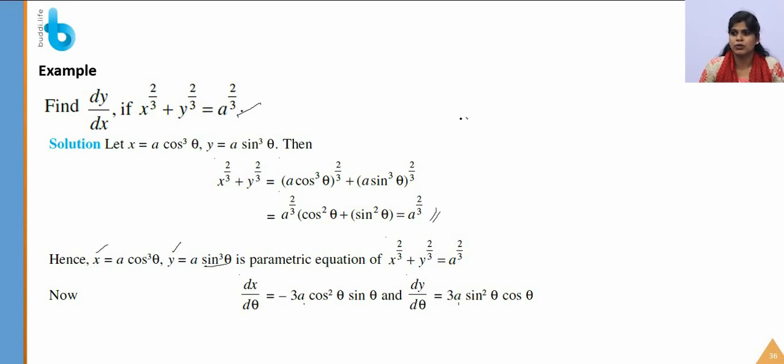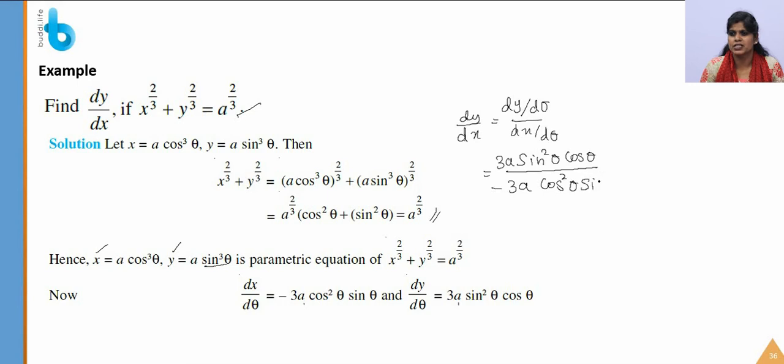Now what we want is dy by dx, correct? So for that we write dy by d theta in the numerator and dx by d theta in the denominator and substitute. dy by d theta is 3a sin square theta cos theta divided by minus 3a cos square theta sin theta. 3a gets cancelled, cos gets cancelled, sin gets cancelled.